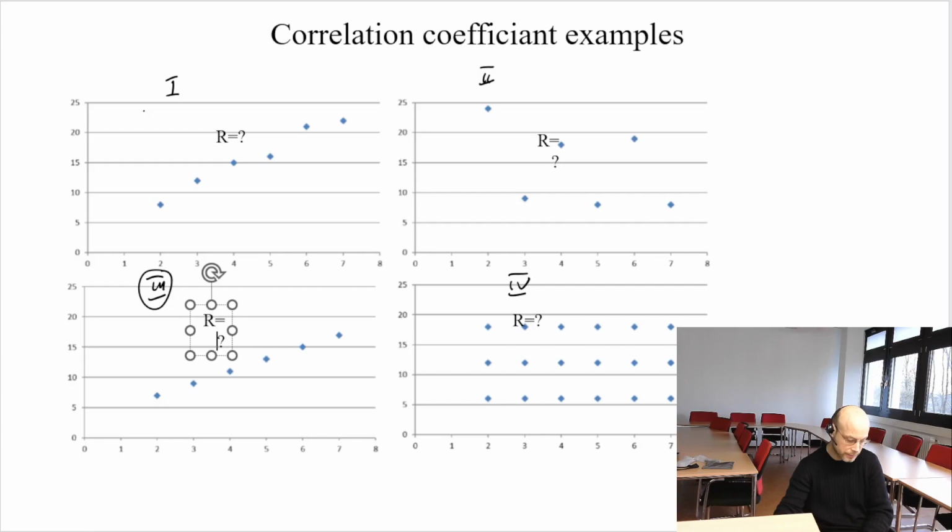When all data points are lying on a straight line, what kind of correlation do you expect then?